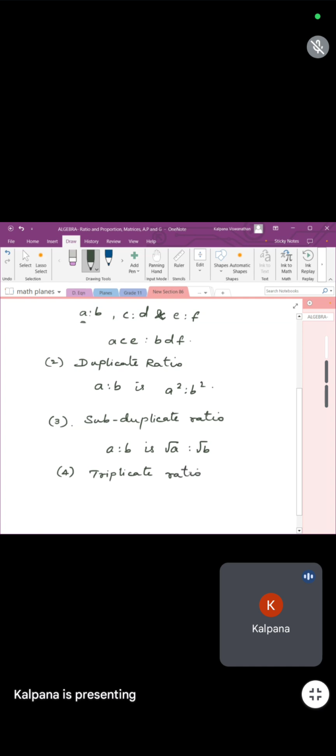What is the triplicate ratio of A is to B? A cube is to B cube.